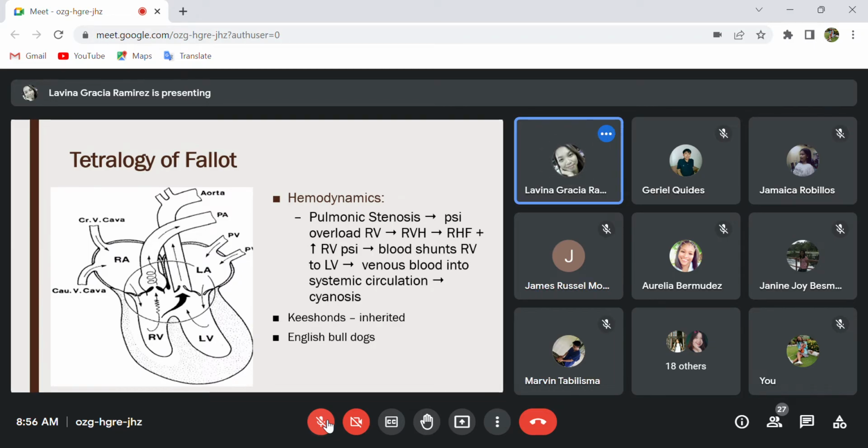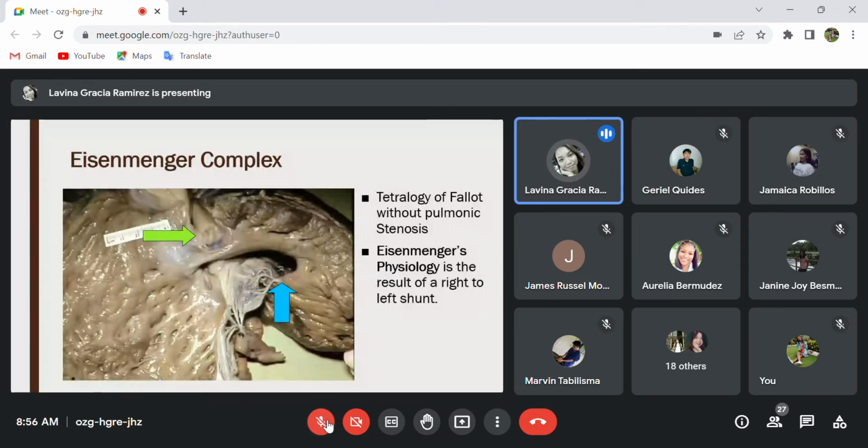Okay. Now for the Eisenmenger complex, this is similar to tetralogy of Fallot. However, there is no pulmonic stenosis, but the overriding aorta, right ventricular hypertrophy, and the atrioventricular septal defect are present.